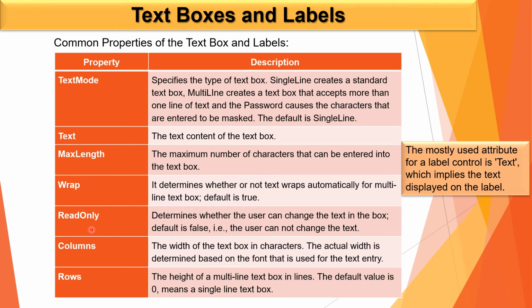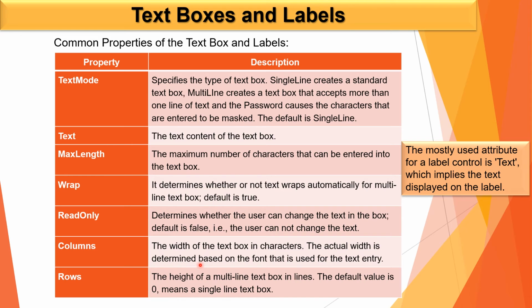Next property is ReadOnly. This will determine whether the user can change the text in the box. The default is false. Sometimes we require a fixed text in the text box. The next is Columns, the width of the text box in characters.